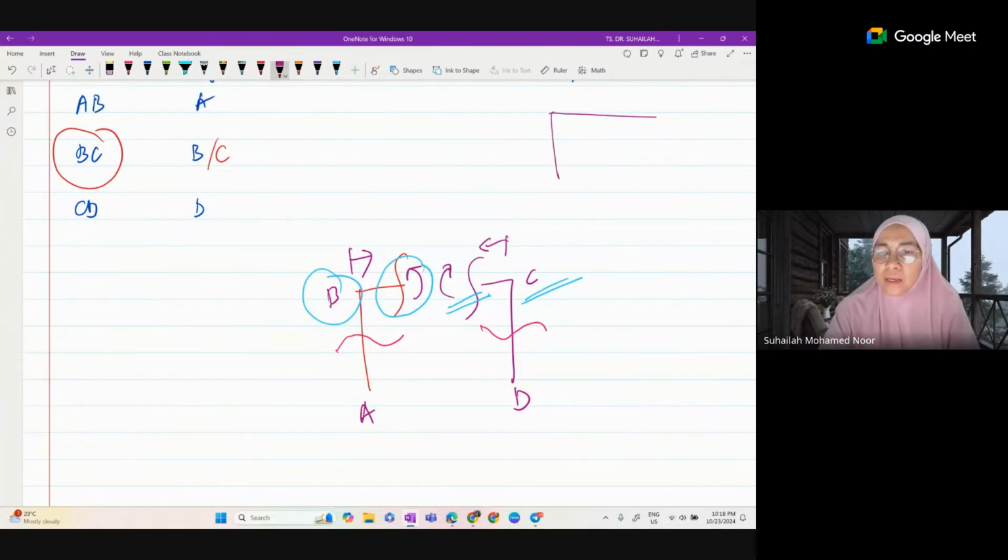Kita tengok frame ni, A, B, C and D. A and B tu from left, C and D tu from right. So when we put moment direction, we must follow this rule.